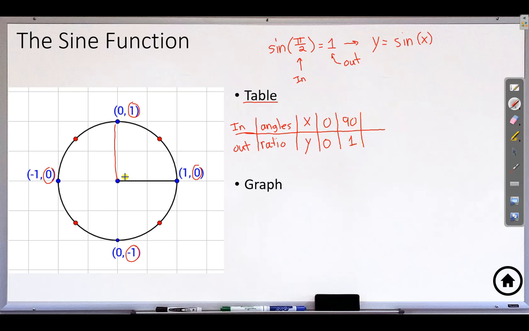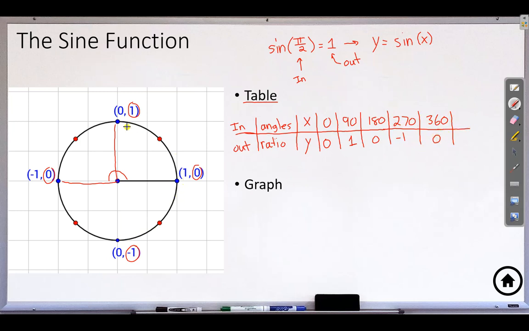Then we keep going. My next angle here is 180 degrees, and the sine value is 0. And then 270 degrees, the sine value is -1. And then if we go a full circle back to 360, we get back to 0.